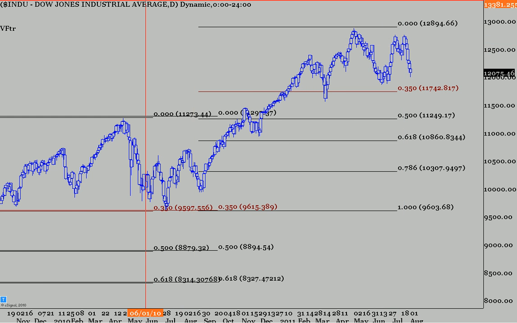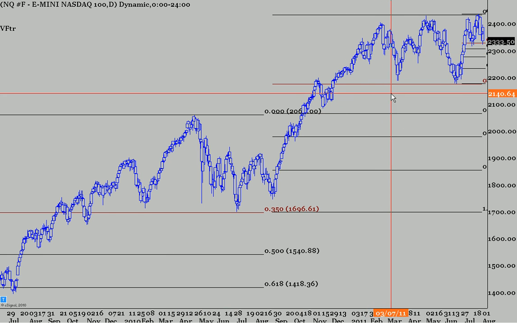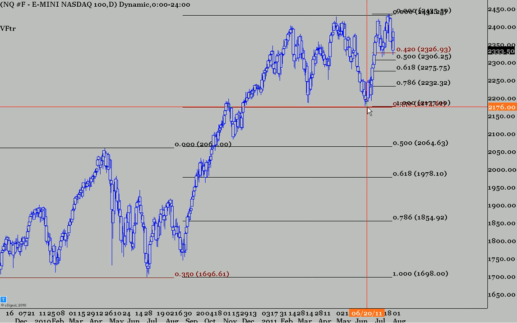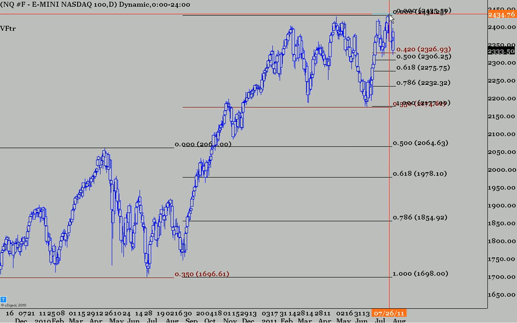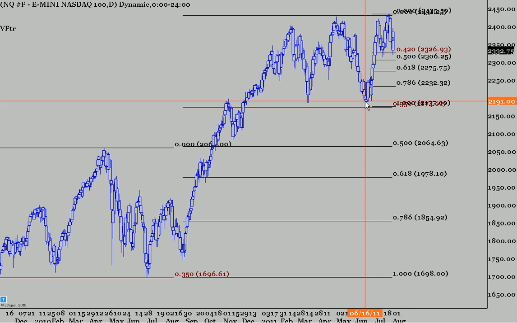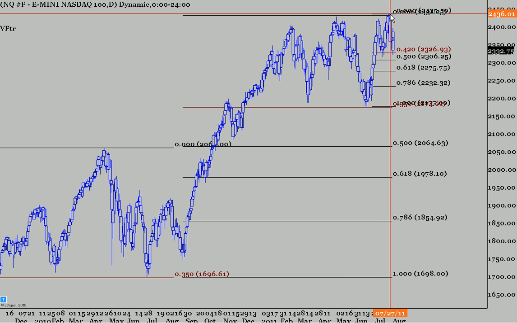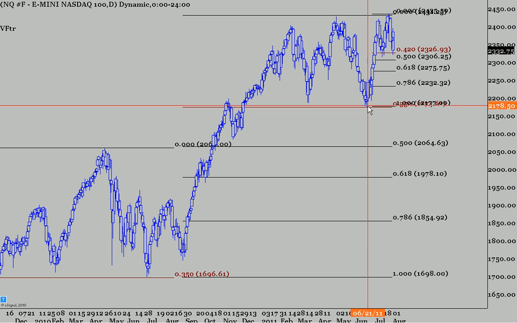Quickly, let's note that the NASDAQ did hit the symmetry support here. And what happened off of that symmetry support? New high. So the NASDAQ was the only one that went to a new high on this leg, and the NASDAQ was the only one that hit symmetry support.